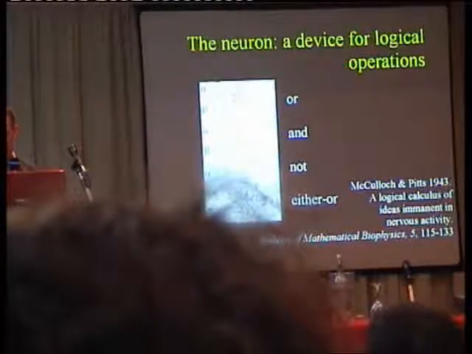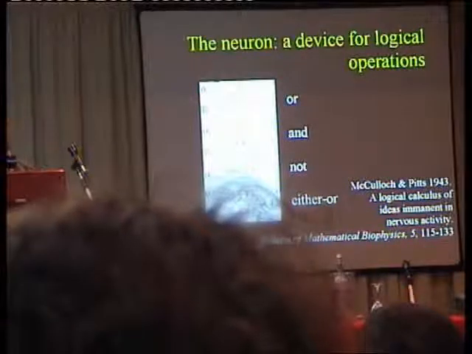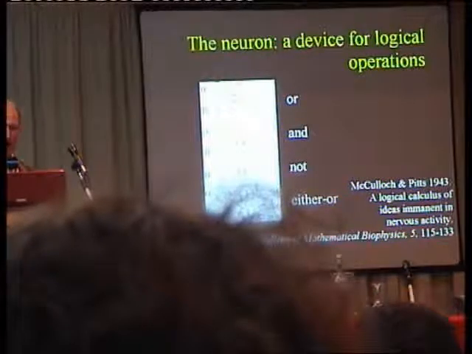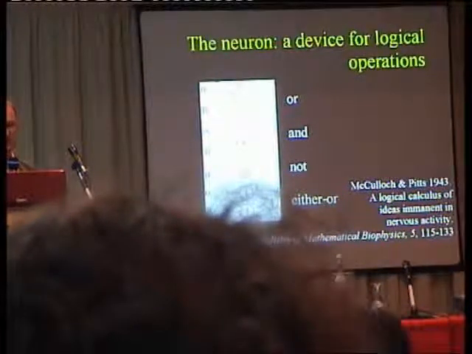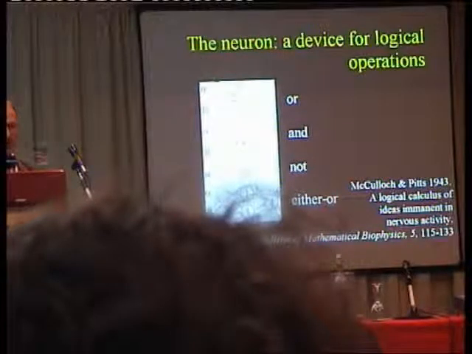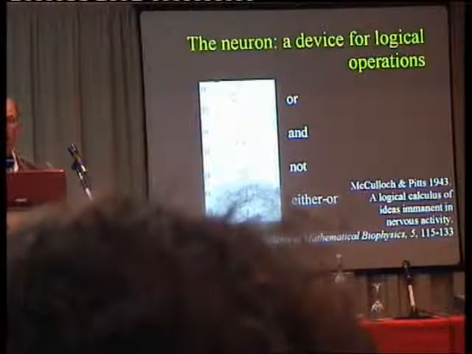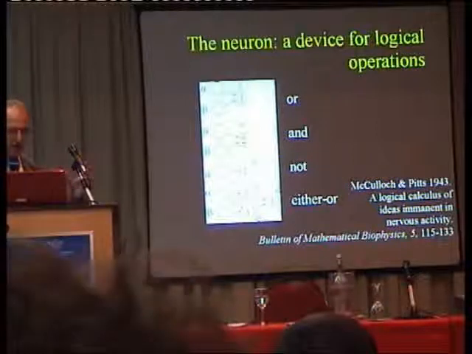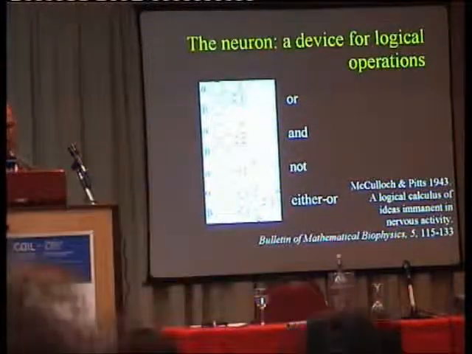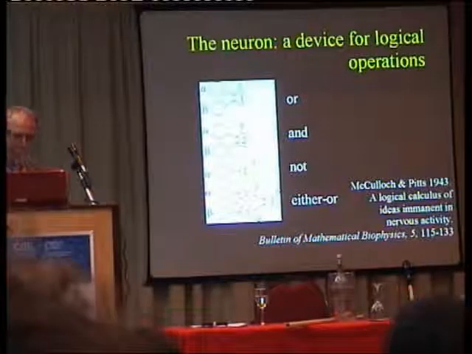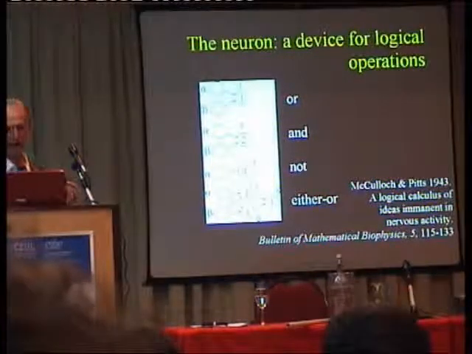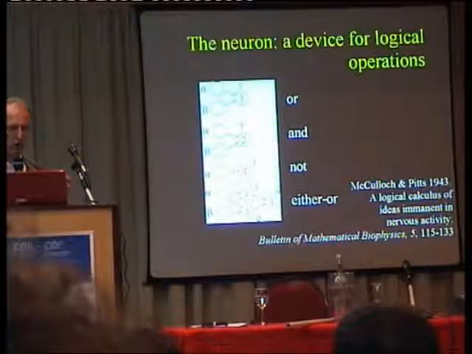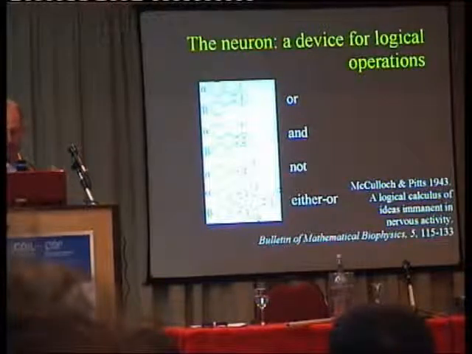It had been stated already more than 50 years ago, by McCulloch and Pitts, that neural elements, neurons, are actually abstraction devices, that they are best described in terms of logical functions, that a neuron, depending on its threshold of activation and on its connectivity to other neurons, can be described as being synonymous with an or, an and, a not, and an either-or function. So the neuron itself, everywhere in the cortex, is an abstract processor.